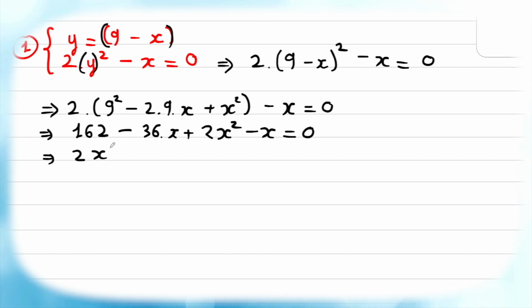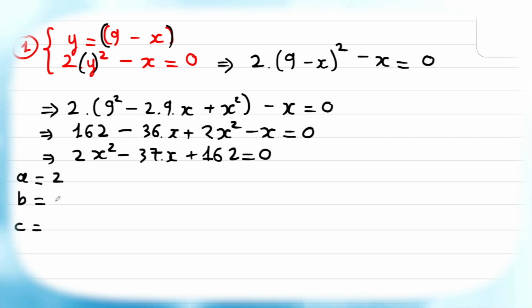For here, 2x squared minus 36x, no, this cannot be 36 because we have one more minus x in here, so minus 37x plus 162 equal to 0. For this question, we can set up the coefficients of the quadratic equation: 2, minus 37 and 162.